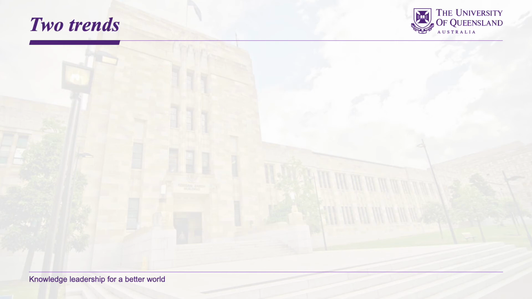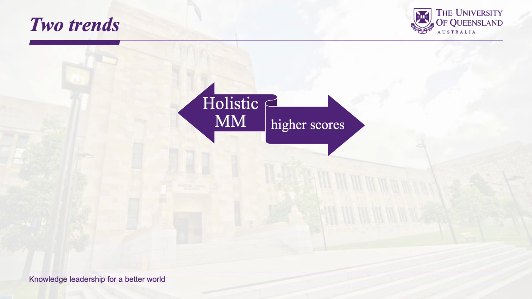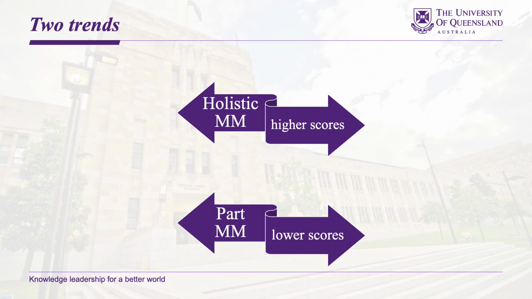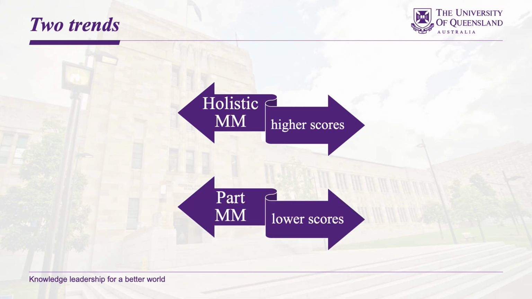According to these findings, there are two trends in the direction of these differences. Firstly, the study finds that the holistic marking model often gives higher overall scores. Secondly, the trend of lower scores is also observed in the part marking model.